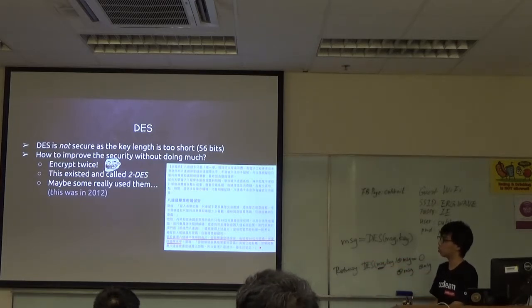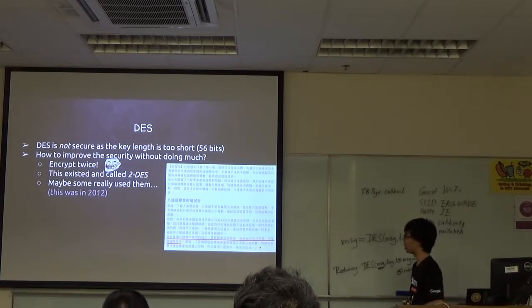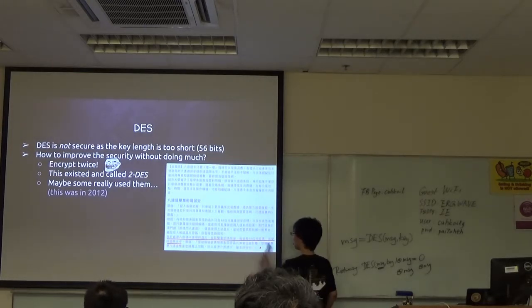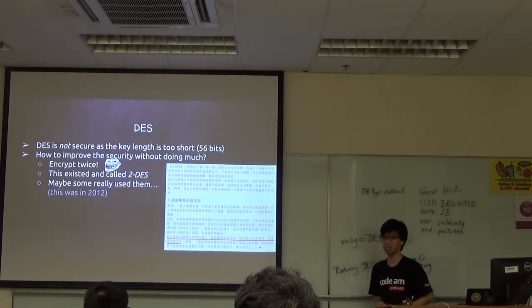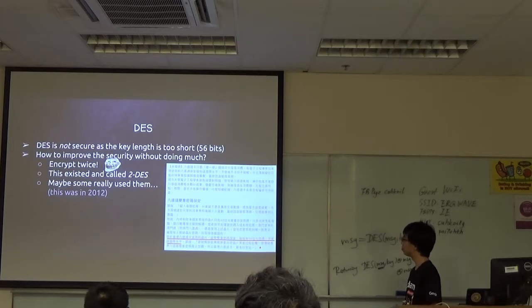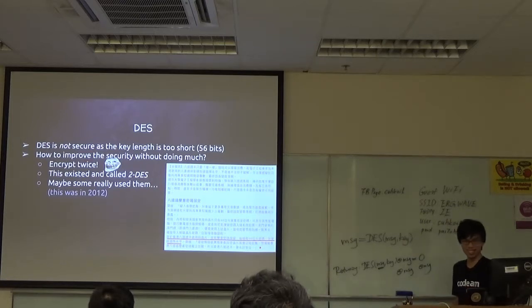Let's look at some news in 2012. Some companies, Octopus, used maybe double DES. As we can see, it used double encryption with each encryption being 56 bits of keys. And this is an international level. So confusing, right? So secure.